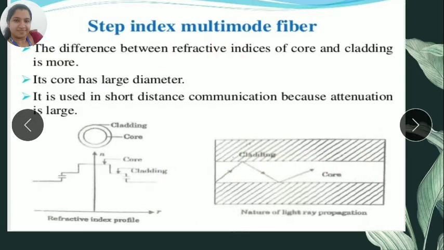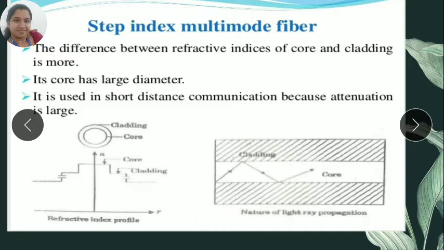Then its core has large diameter, it is clear. So here a large amount of light is propagated, so this size is large compared to single mode fibers. It is used in short range communication, means short distance local area networks.